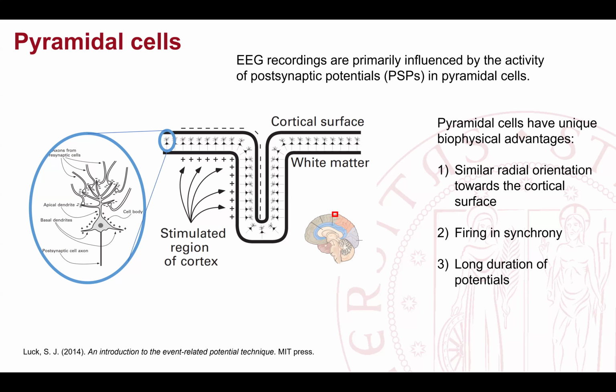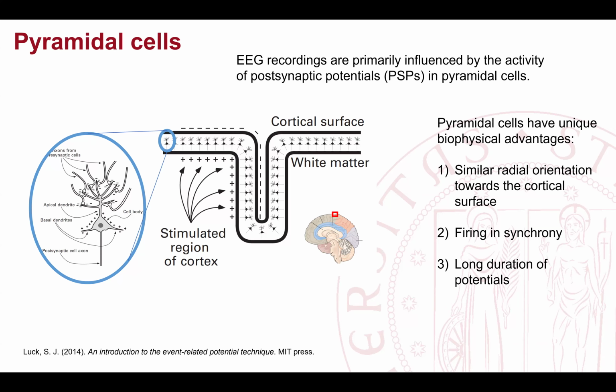Basically, we have the cortical surface. We have, as an example, the fifth layer, and all these pyramidal neurons in a vertical direction, actually perpendicular to the cortex, spread all over the cortical area.